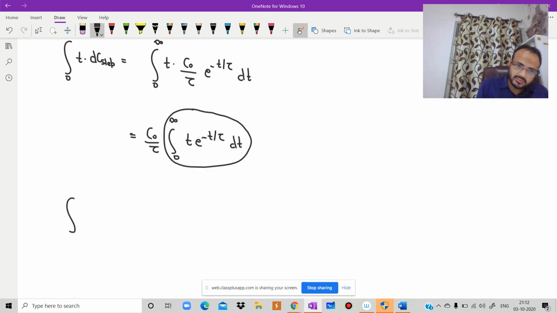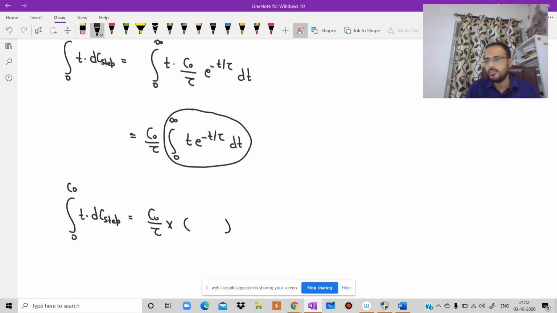I am waiting for that. The integral from 0 to C naught of t into dC step is equal to C naught by tau, and the value you will get, please tell me. You have 2 minutes. Solve it fast.